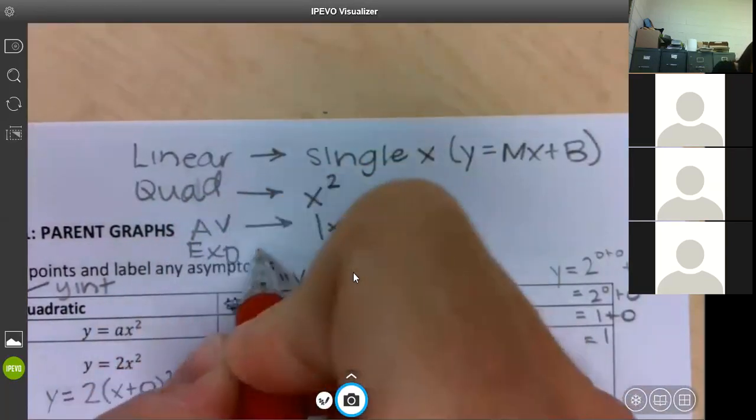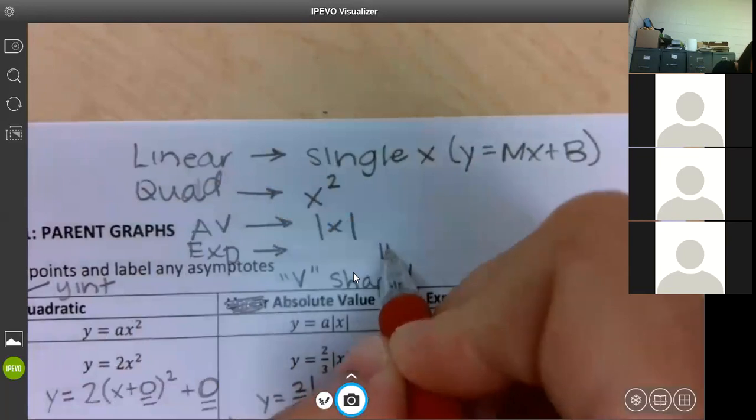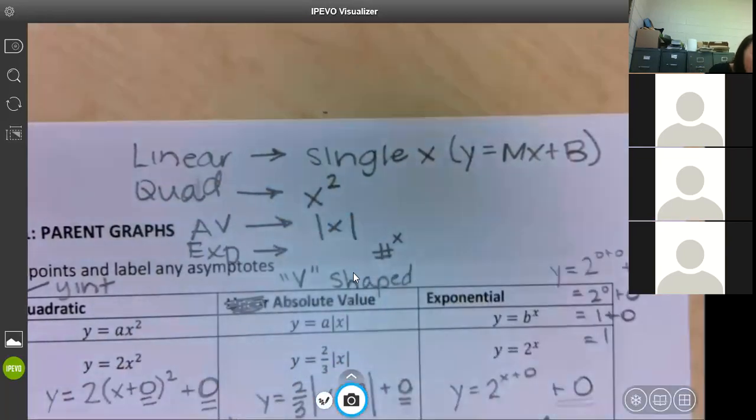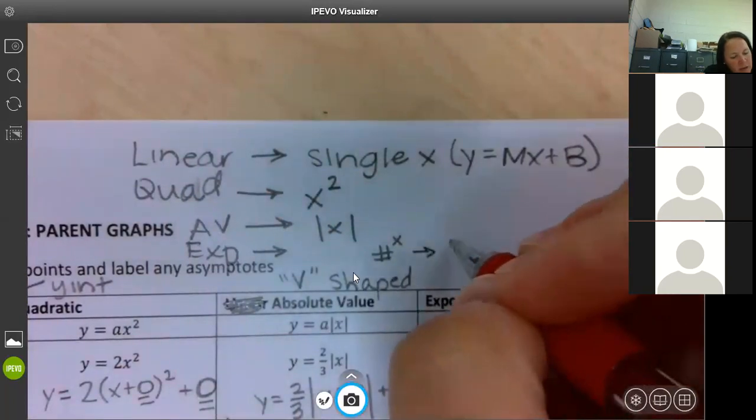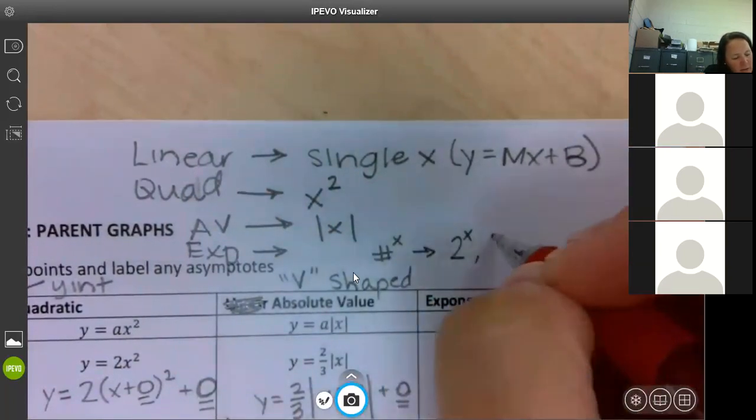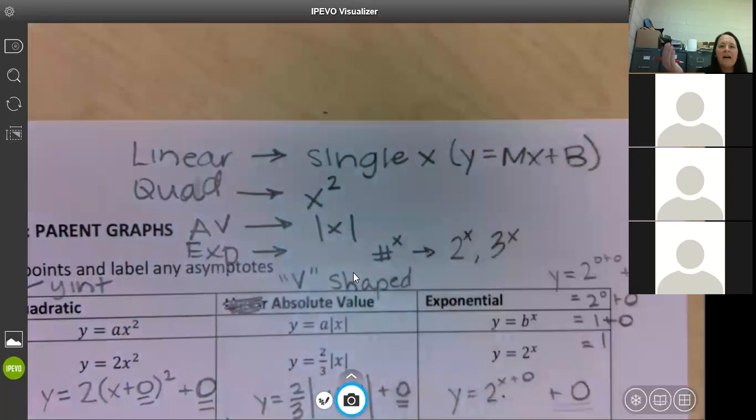And exponential has some number raised to the X. So something like 2 to the X, 3 to the X, anything that has X as the power. So your first 4 questions are going to be, look at the equation and tell me what it is. Is it linear? Is it quadratic? Absolute value? It's multiple choice.